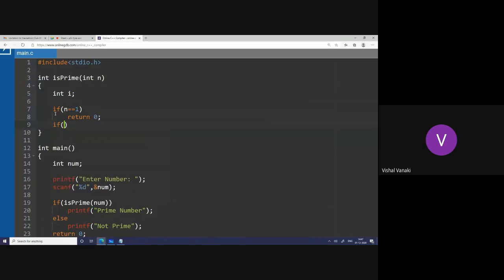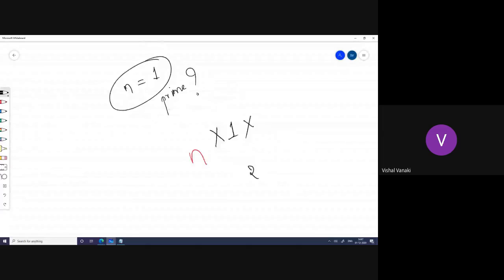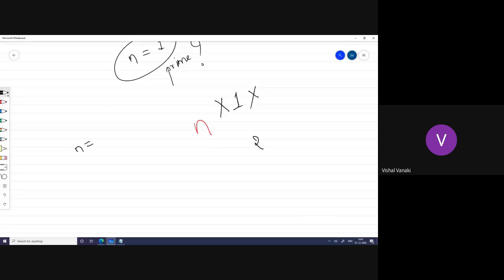So one more condition. If n is less than or equal to 3, what are the possible values? First condition is n is equal to 1. Second condition is n less than or equal to 3.